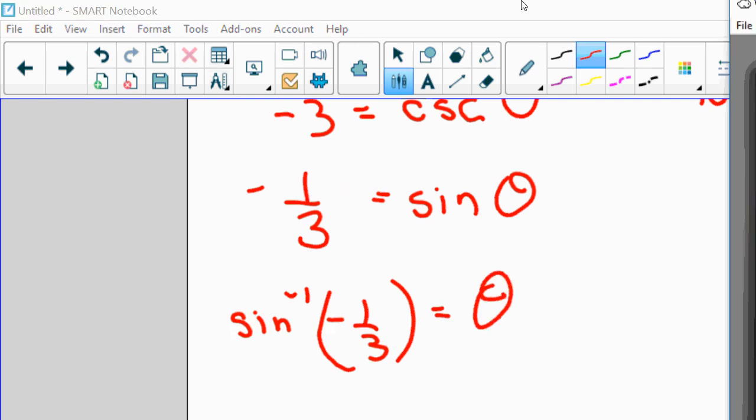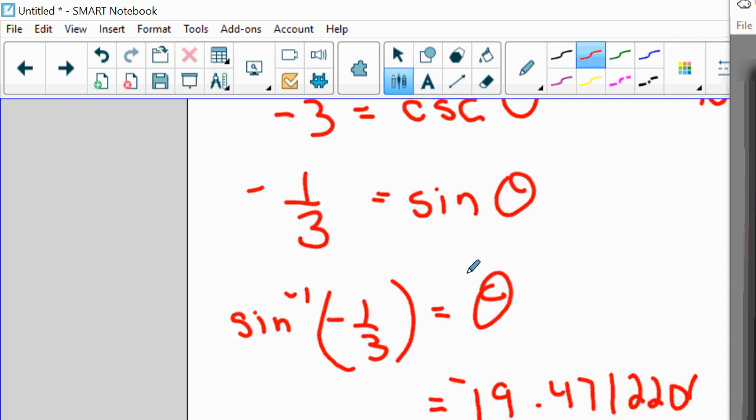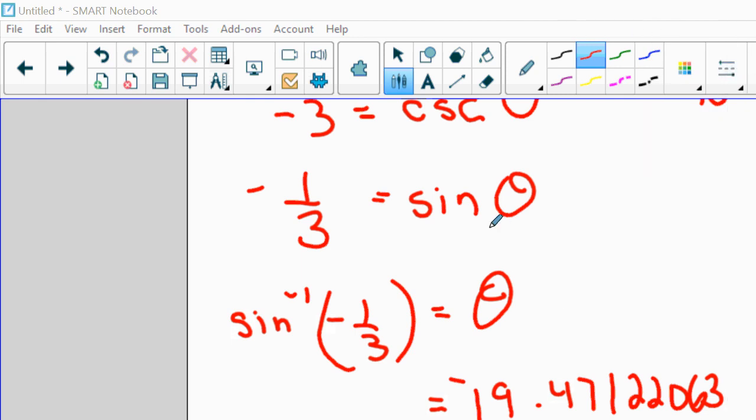And then you crank it out on your calculator, inverse sine of negative 1 divided by 3, and we get negative 19.47122063 degrees.